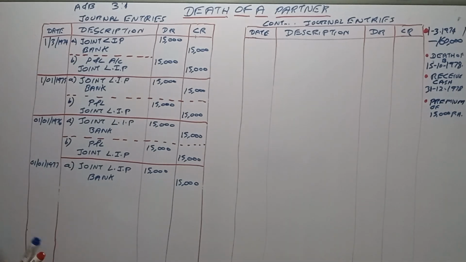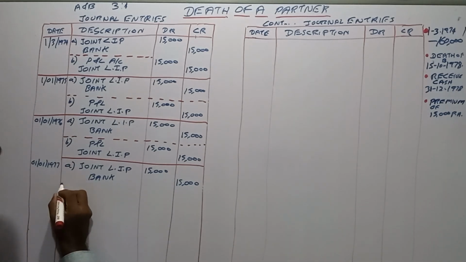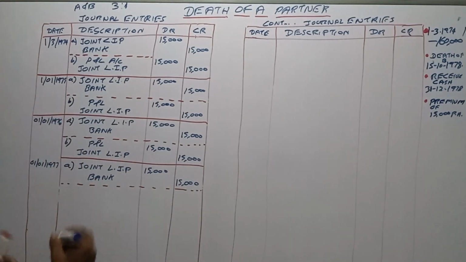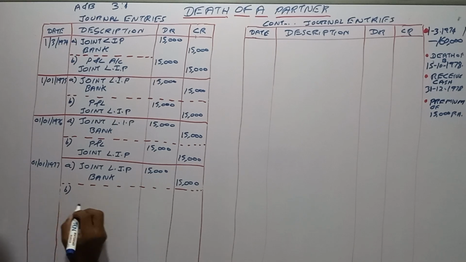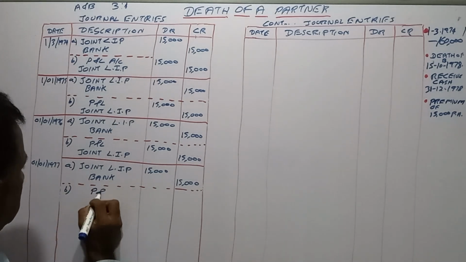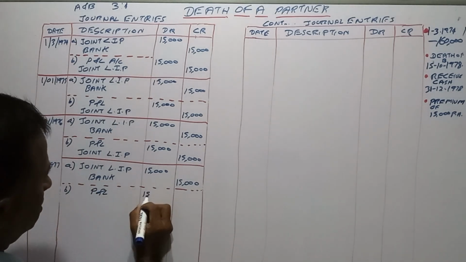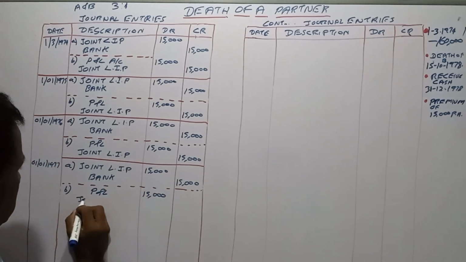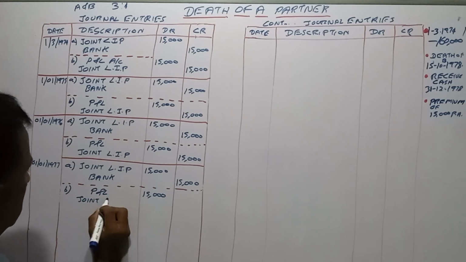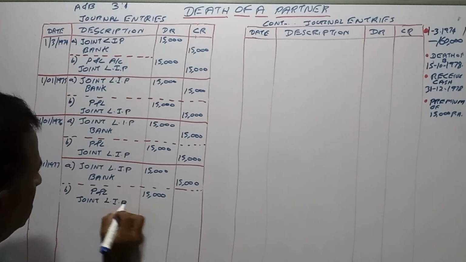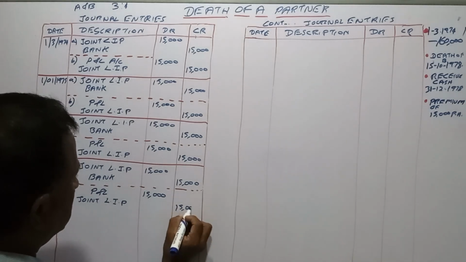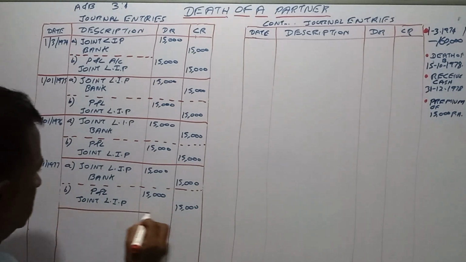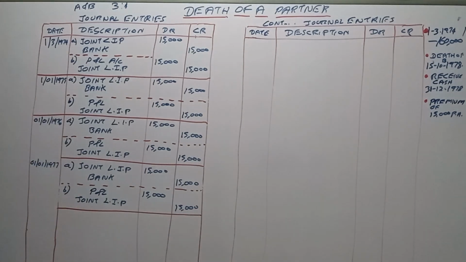This is for 77, payment made for the joint policy. Then P&L debit 15,000 and joint life insurance policy is credited 15,000, right? That is, we have charged it to the P&L.